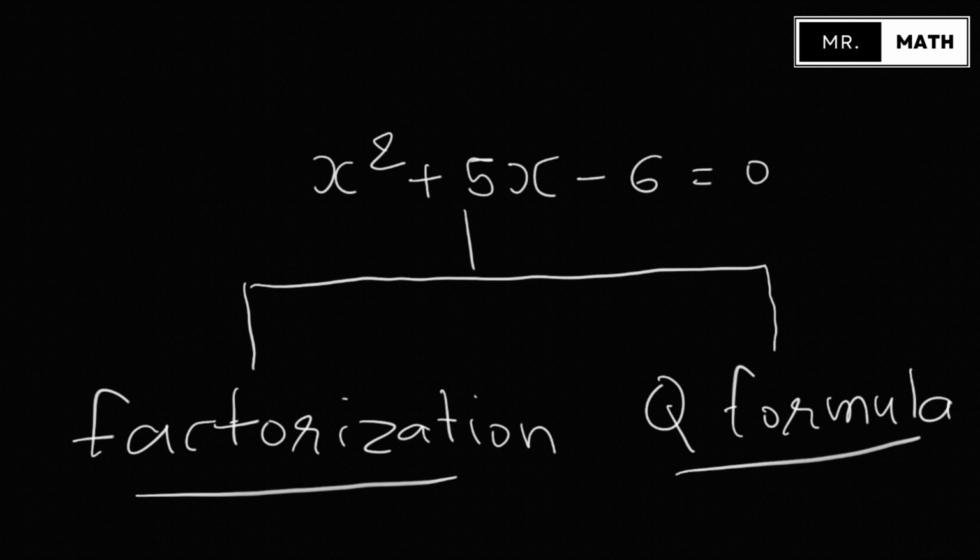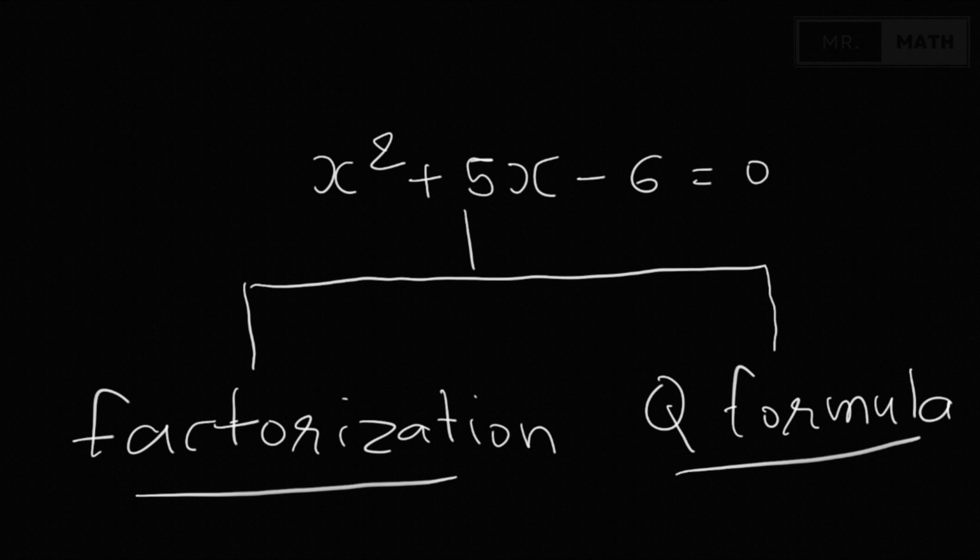I am writing once again the quadratic equation x square plus 5x minus 6 is equal to 0. Now, factorization. I am writing like this first: ax square plus bx plus c. Okay, this is the equation.